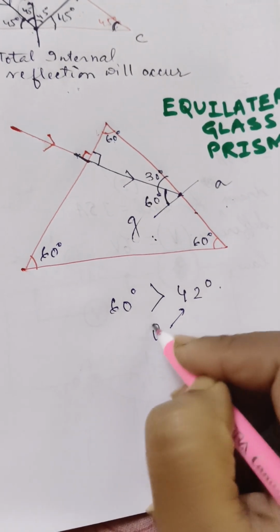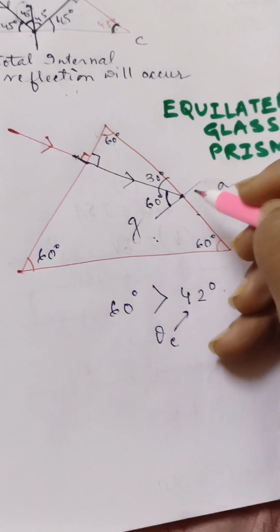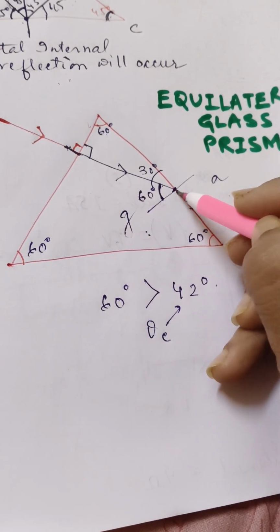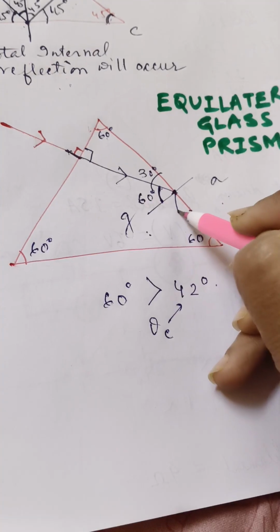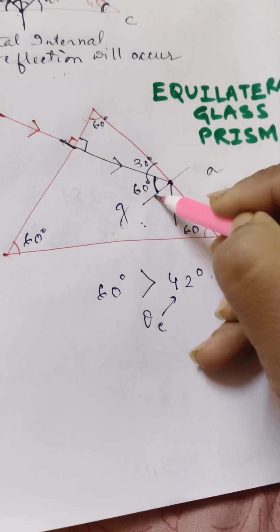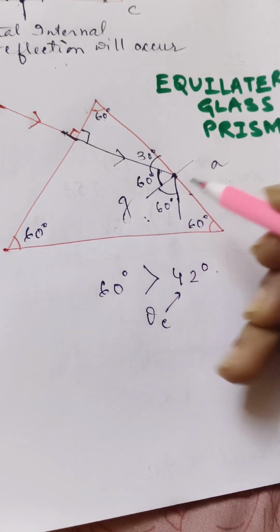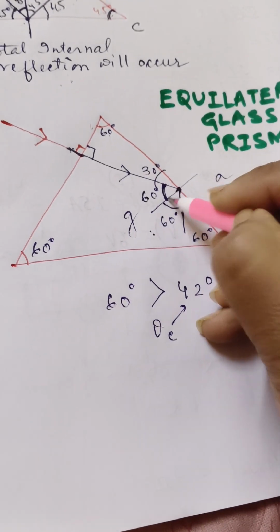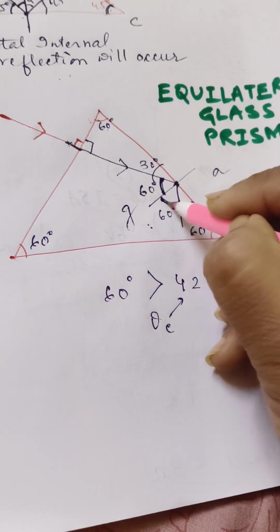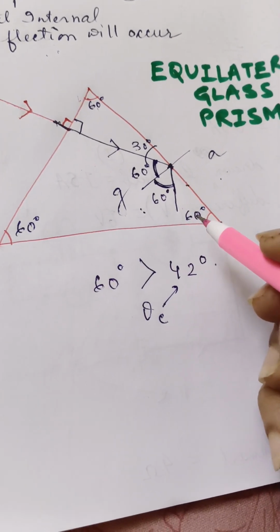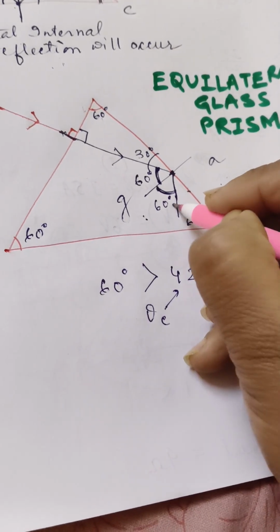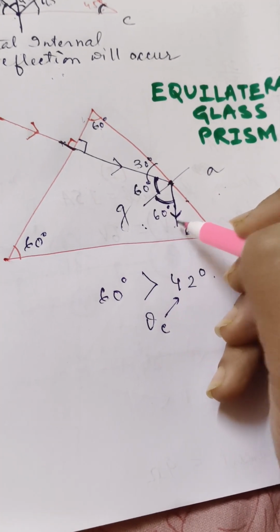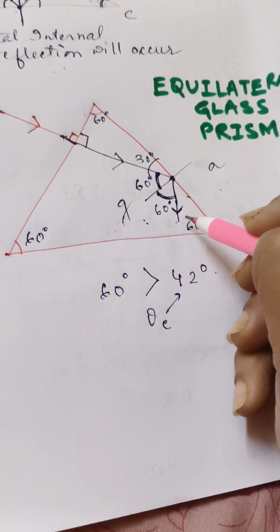This 42 degree is the critical angle, and since such a thing happens, we have again a total internal reflection. That is, here the angle of reflection again is 60 degree, because total internal reflection also obeys the ordinary laws of reflection. So the ray of light bounces back, suffering total internal reflection.